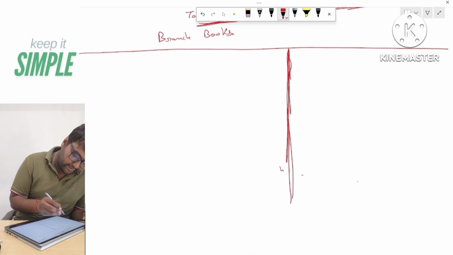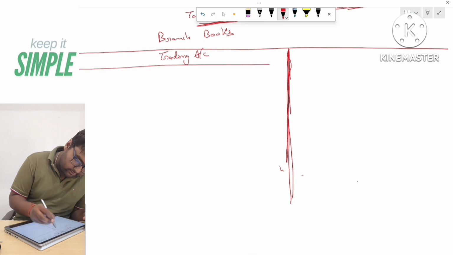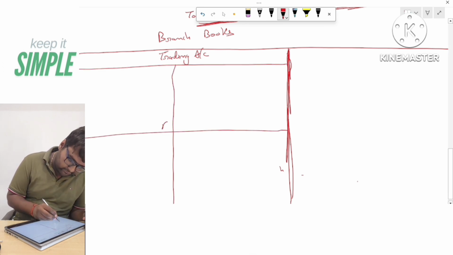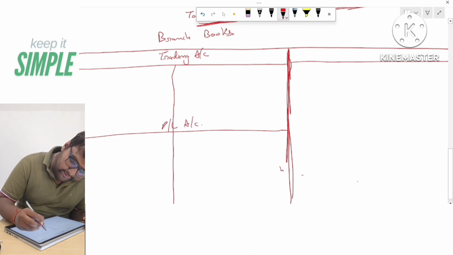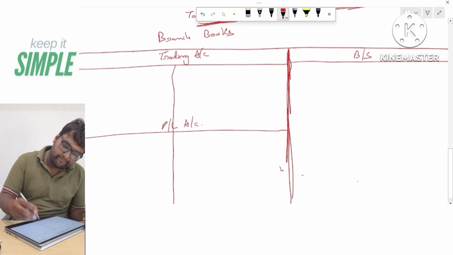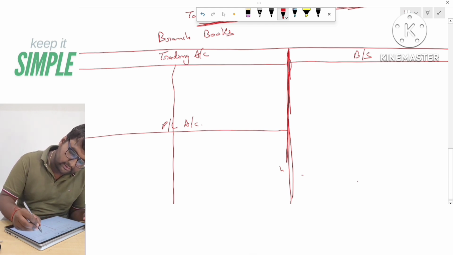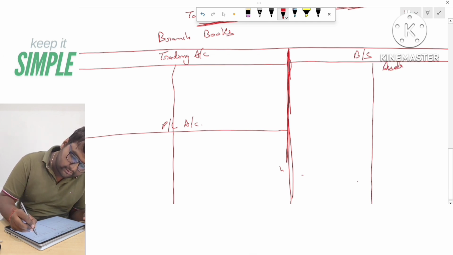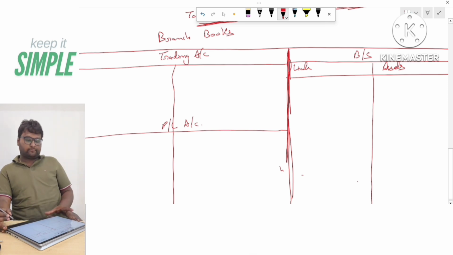So here we will prepare trading account and also profit and loss account. Okay. Here we will prepare balance sheet of branch. Okay. So these are assets and liabilities. Assets, liabilities. Okay. Done. Chalo.